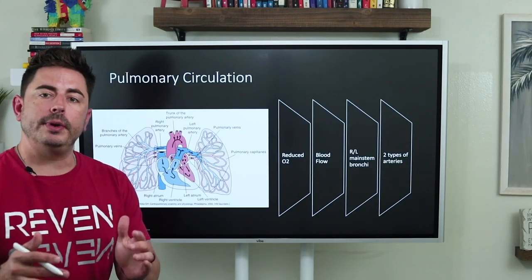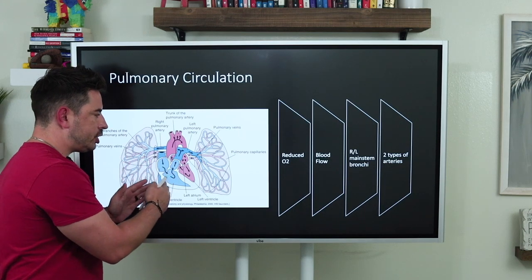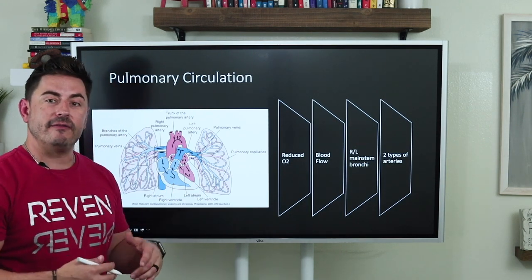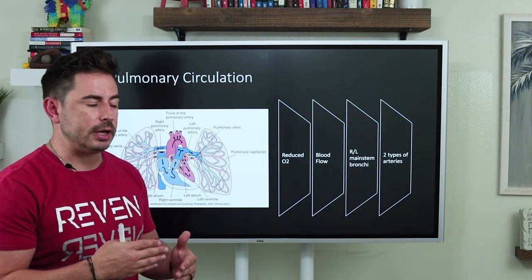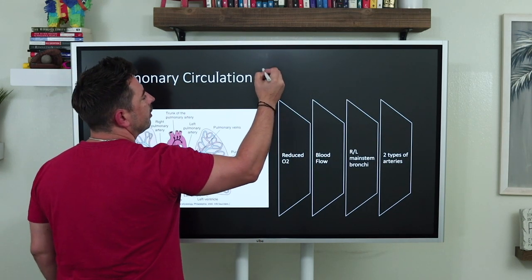So when we look at pulmonary circulation, we have to understand that we're trying to get the deoxygenated blood from the right side of the heart to the pulmonary vasculature, to the pulmonary capillaries, so that external respiration can take place. So we have to kind of run through the blood flow of the heart.